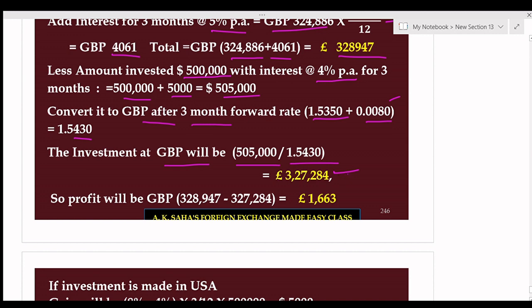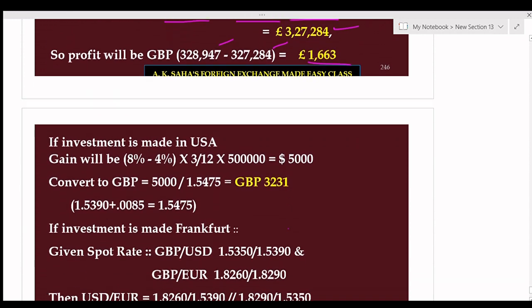This is the cost. So the net receipt will be 3,28,947 minus 3,27,284 is equal to 1,663 pound. This is the first investment, in London.